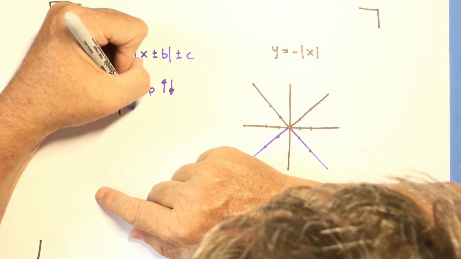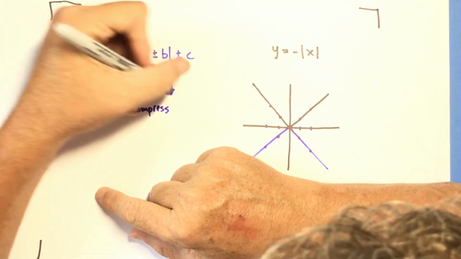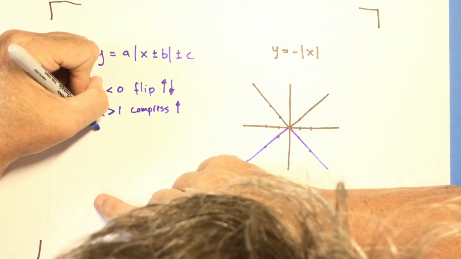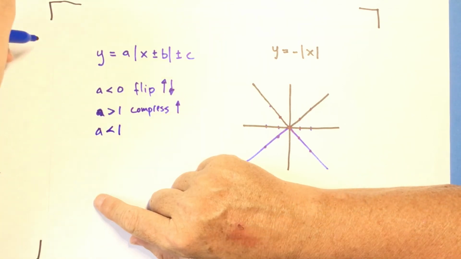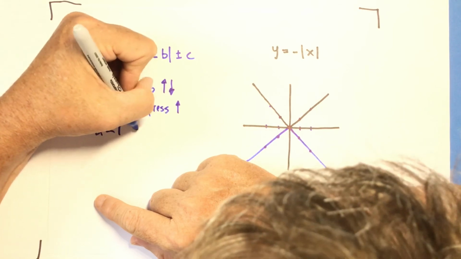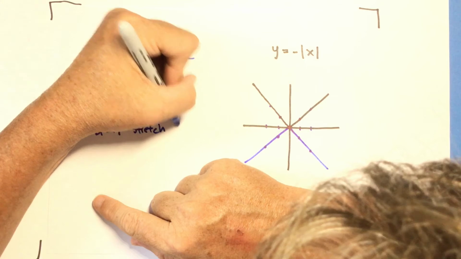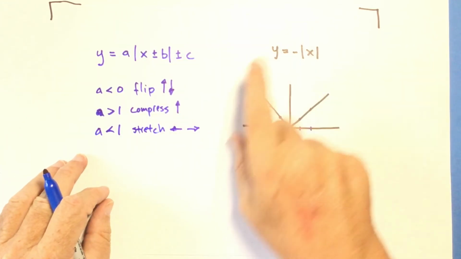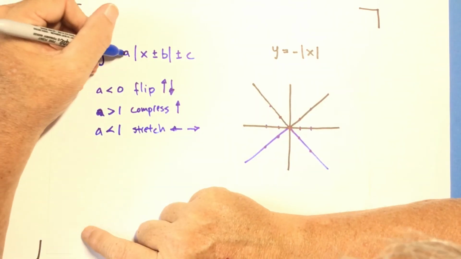So that means that will compress the graph, cause it to go up more quickly. If A is less than 1, so it's a fraction, then that will stretch the graph and cause it to not go up quite so fast. It's going to stretch it out more left to right. That's what A does.